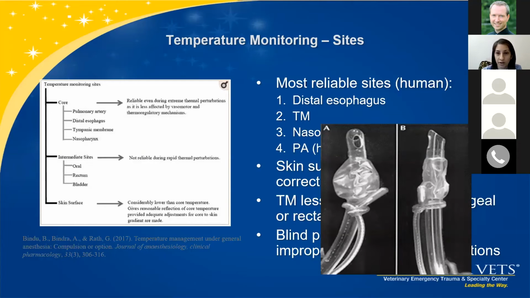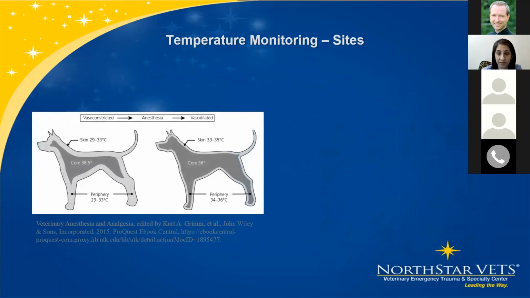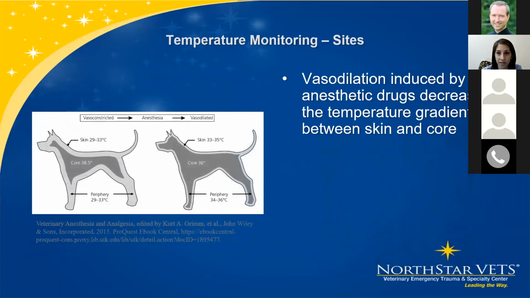So making sure it goes down esophageally is actually more difficult than it should seem. But it can happen. These complications have prompted us to look at the skin surface as another place to attempt to get accurate readings. And this eliminates the possibility of causing trauma or damage to these animals.